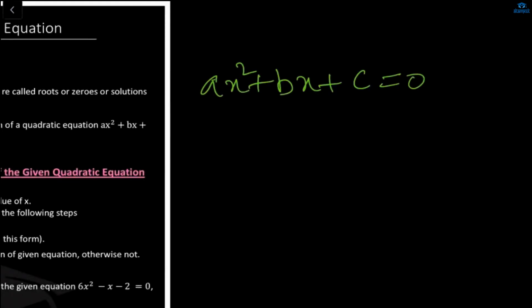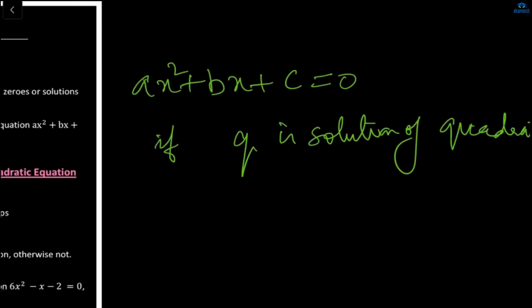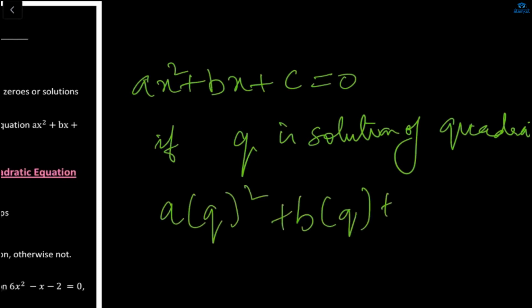Now, if I'm saying alpha is a solution of the given quadratic equation, that means that a alpha square plus b alpha plus c is equal to 0.